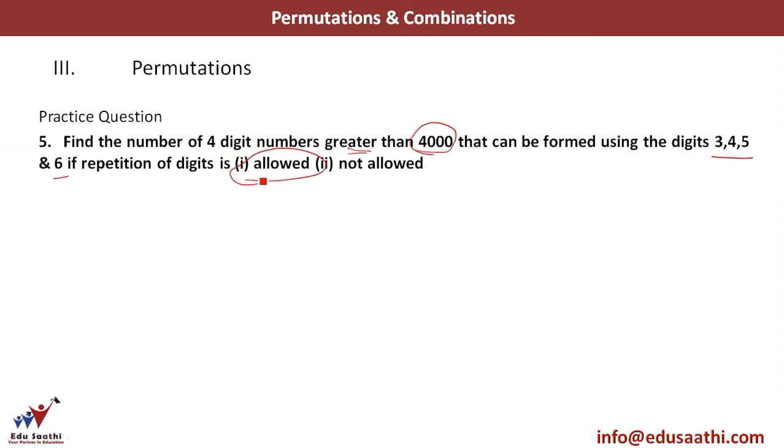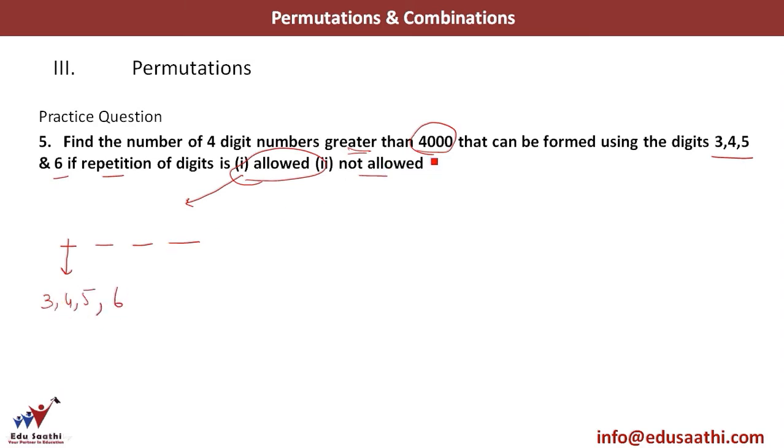In the first case the repetition of digits is allowed and in the second case it is not allowed. So we'll solve the first case here. As before, I will draw 4 dashes here as it is a 4-digit number. So for this first place, how many ways can I fill this place? I have 4 digits, 3, 4, 5 and 6.